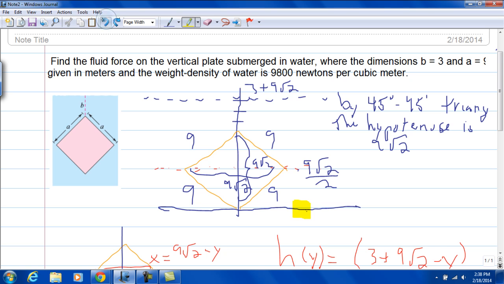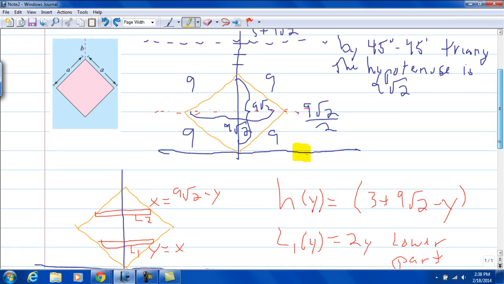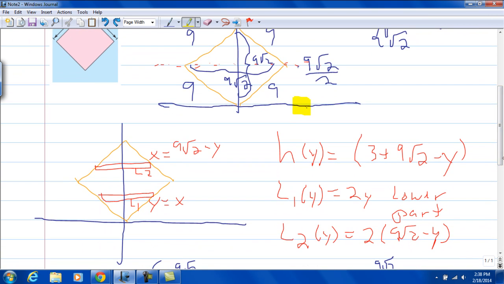Okay, so I'm moving on down here. I redrew it again. Now the line on the right side is defined by y equals x, so we could say x equals y. It's going to go from 0 to this line, x minus 0, or I should say y minus 0, and we double it.